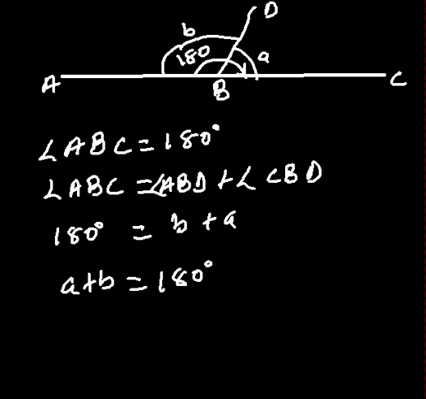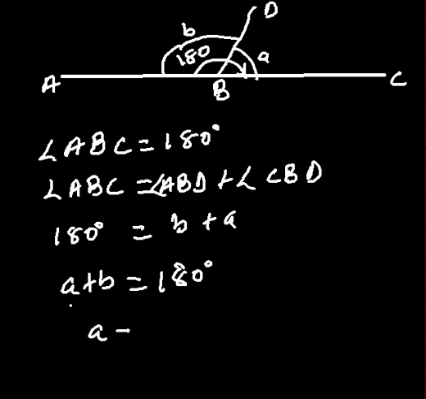So since the summation of these two angles is 180 degrees, then these angles are said to be the supplementary angles. So supplementary angles are the angles that add up to 180 degrees. In this case, these angles are said to be the supplement of each other.